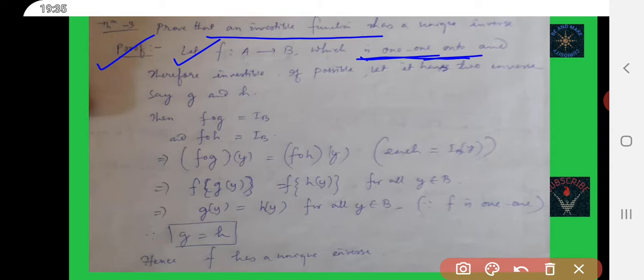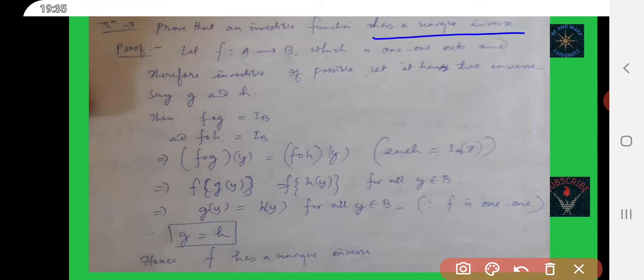Therefore invertible. Here we have to prove it has only one inverse. By the method of contradiction, if possible, let it have two inverses.